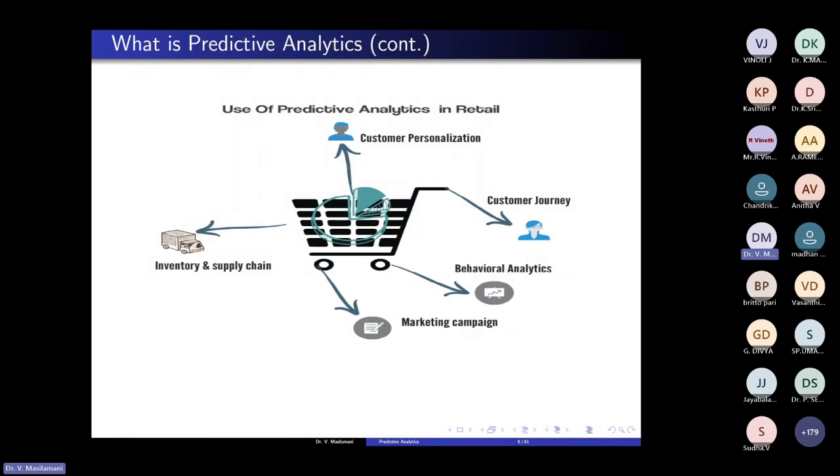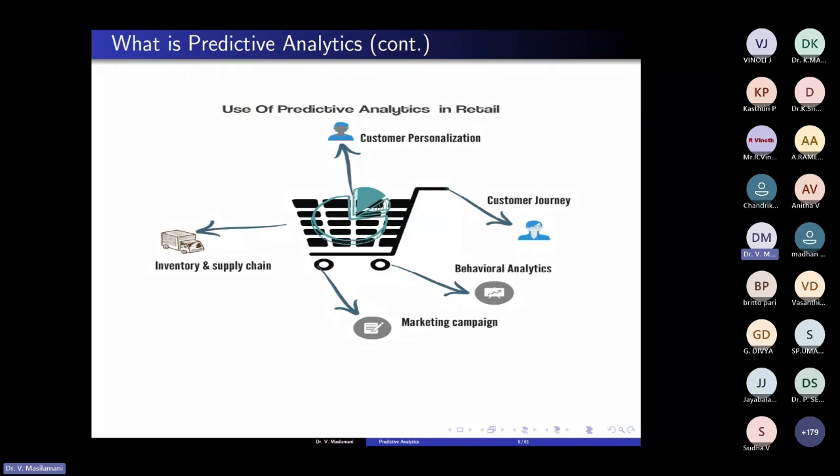Customer personalization: a particular customer will come for shopping in a particular way. For instance, some people will come for shopping on Saturdays and Sundays, and very few people will come on weekdays.